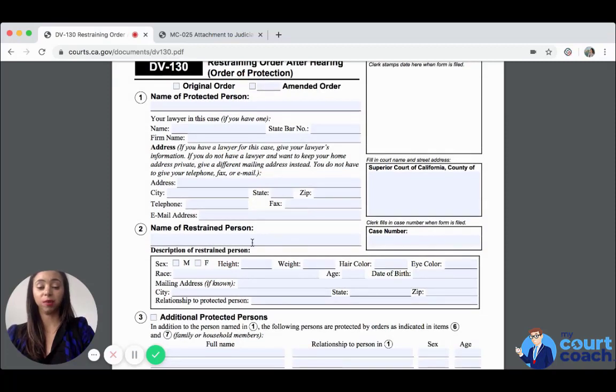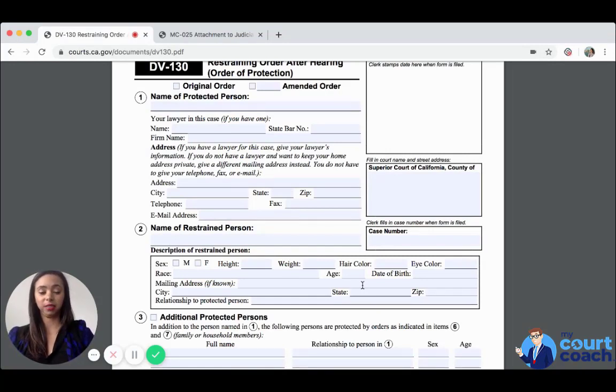The name of the restrained person, so the other party that you won the restraining order against. And then the description of that person has to mirror your temporary restraining order and your request for a domestic violence restraining order. You can't put in that hair color is now blonde when on the request for the restraining order it was brown.